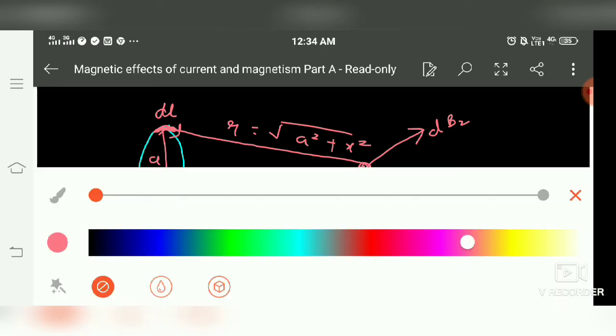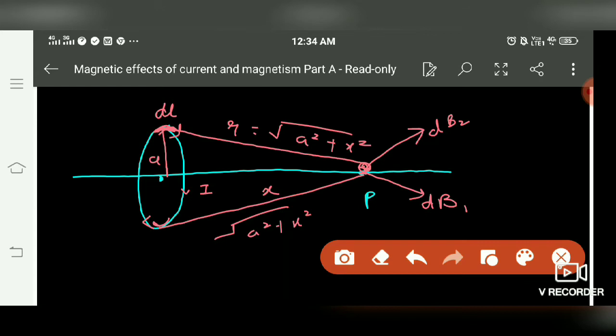Now if we consider, first of all, this has two components, one along this direction, other along this direction. If we consider this angle to be theta, then this is also theta.